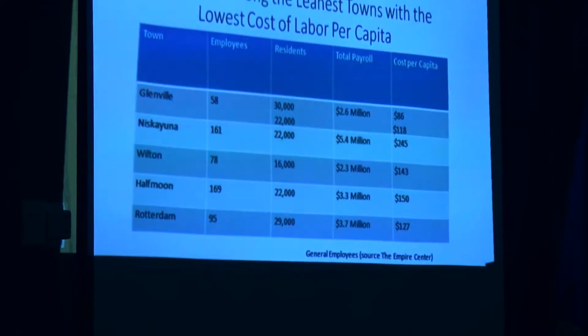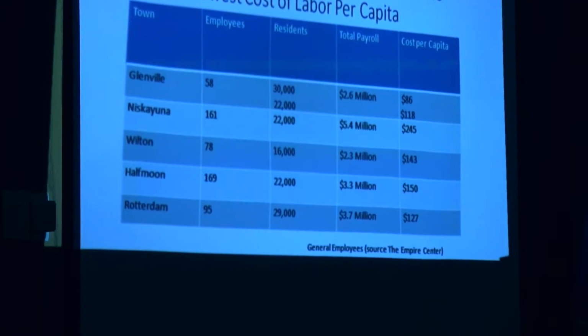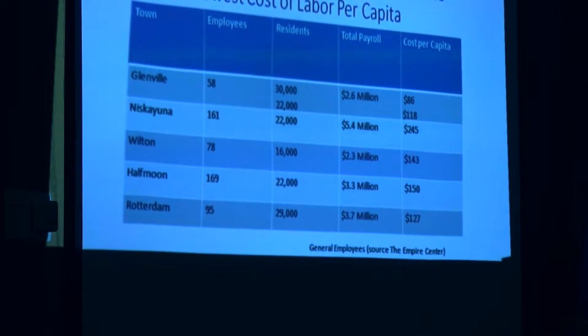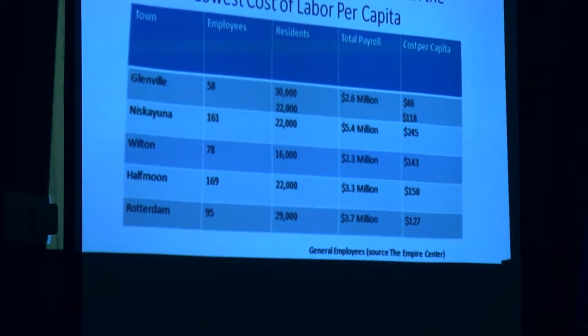So when you divide payroll by the amount of employees, we actually have, as a cost per capita for employees, $86 per capita. When you look at our sister towns, Niskayuna, $245 per capita. Wilton, $143, $150, $127.